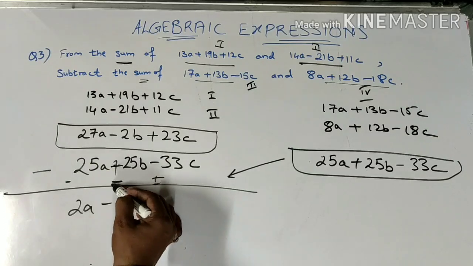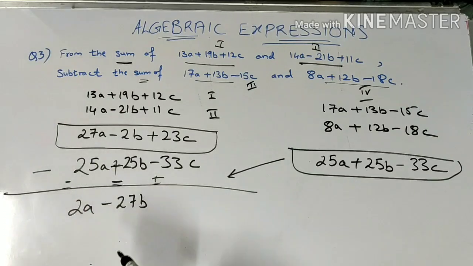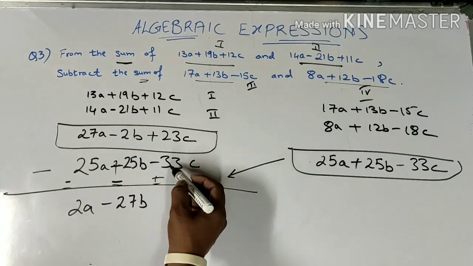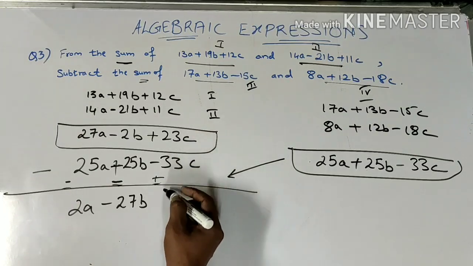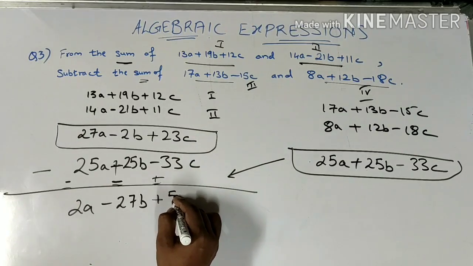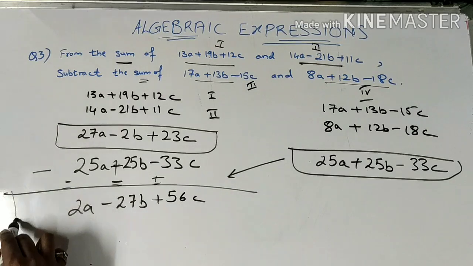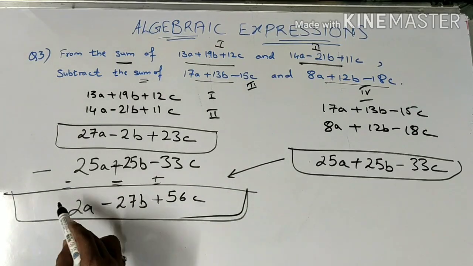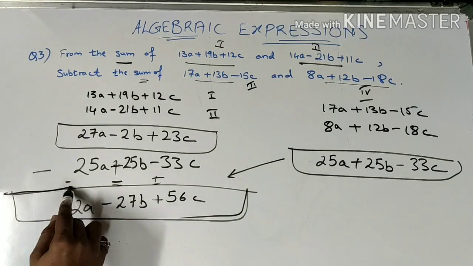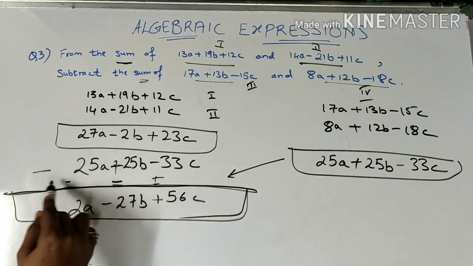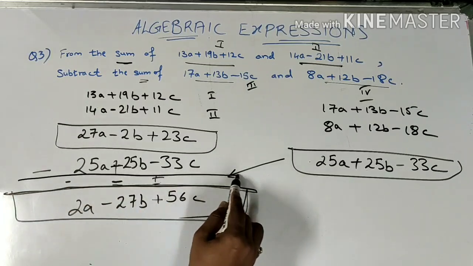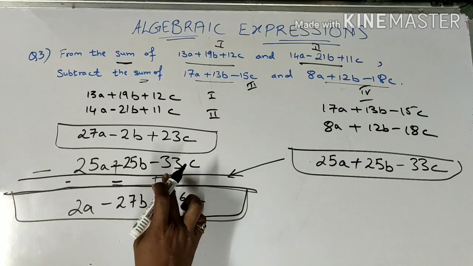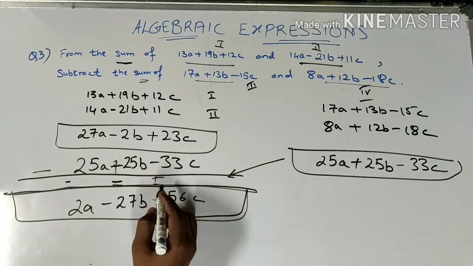So remember, this sign is always the correct sign that you will have to consider. Okay, so 23 plus 33 gives you plus 56c. So this is your final answer. Do not forget to change the sign of the terms in the second algebraic expression.